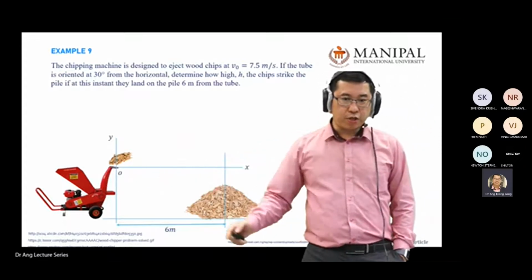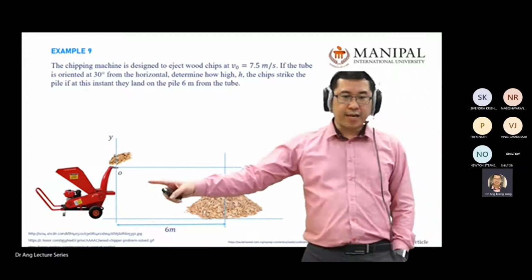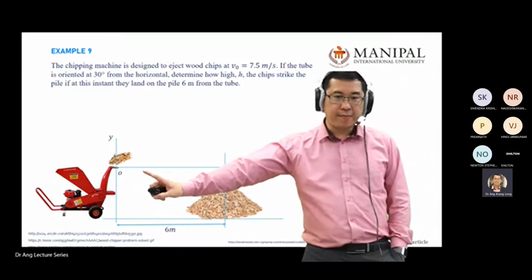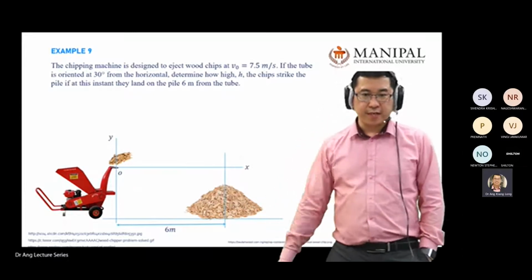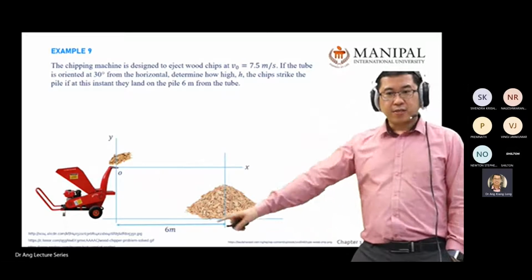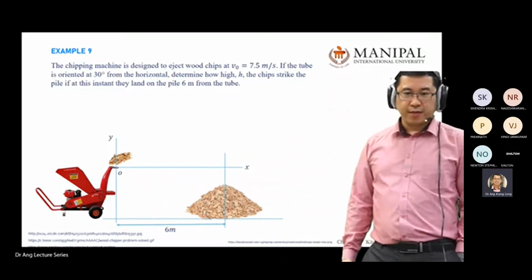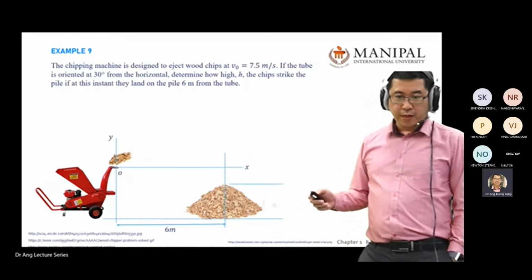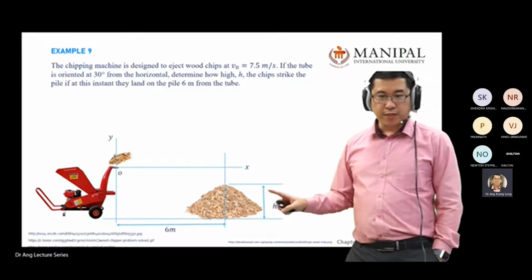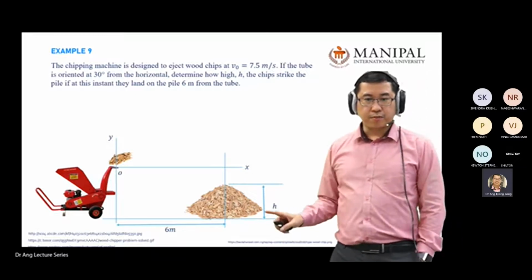Here I put 0 just to illustrate, right? And in a test, I might change this O to become A like the question previously, so you need to synchronize your answer according to the diagram. This one, because you're seeing O, you can use O in your answer. The question asks you about this H.